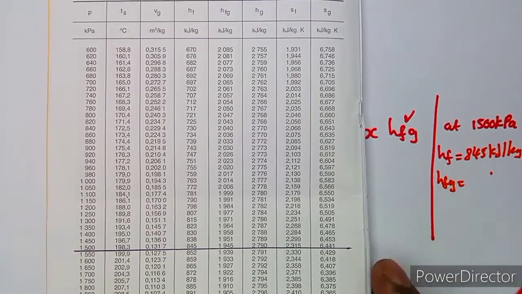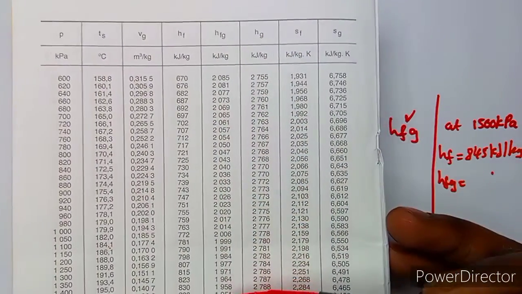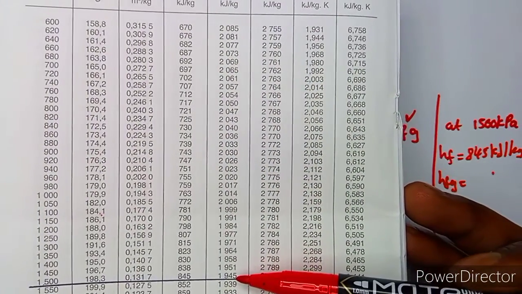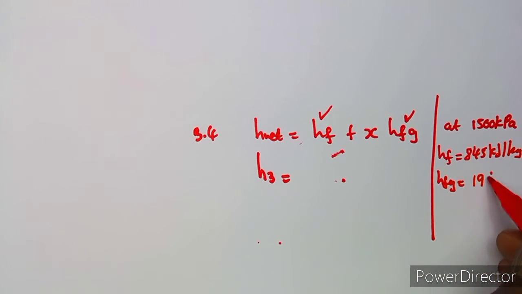What is our hfg? At the same row, hfg straight here is 1945 kilojoules per kg. So these are the values that you needed.